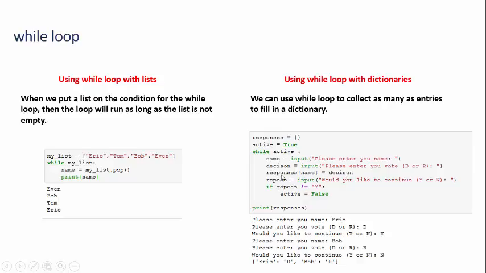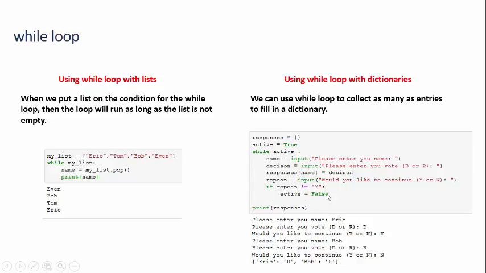And also there's a variable called repeat. It's basically asking the user whether they want to continue or not. If the user entered Y, which means they want to continue, then we're going to go to the next round in the while loop.